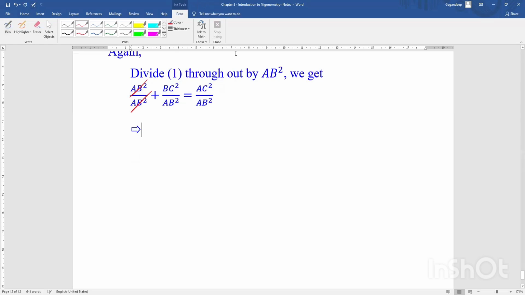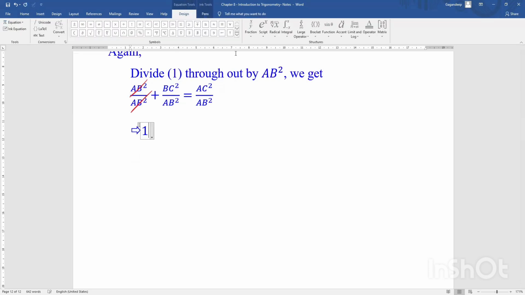That means now I get 1 plus BC by AB. BC square by AB square is BC by AB the whole square. So let us write that, equals AC square by AB square, which is nothing but AC by AB the whole square.